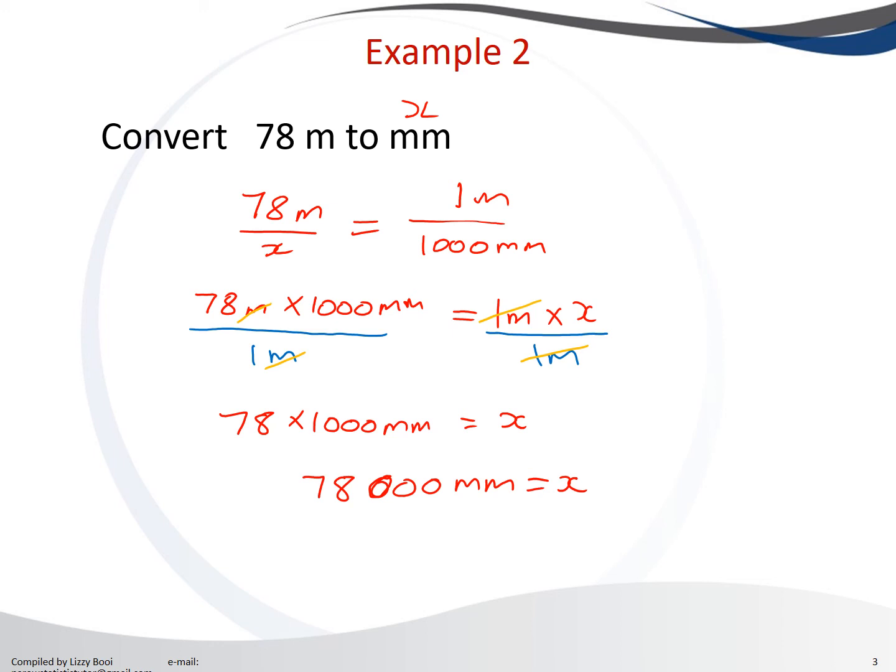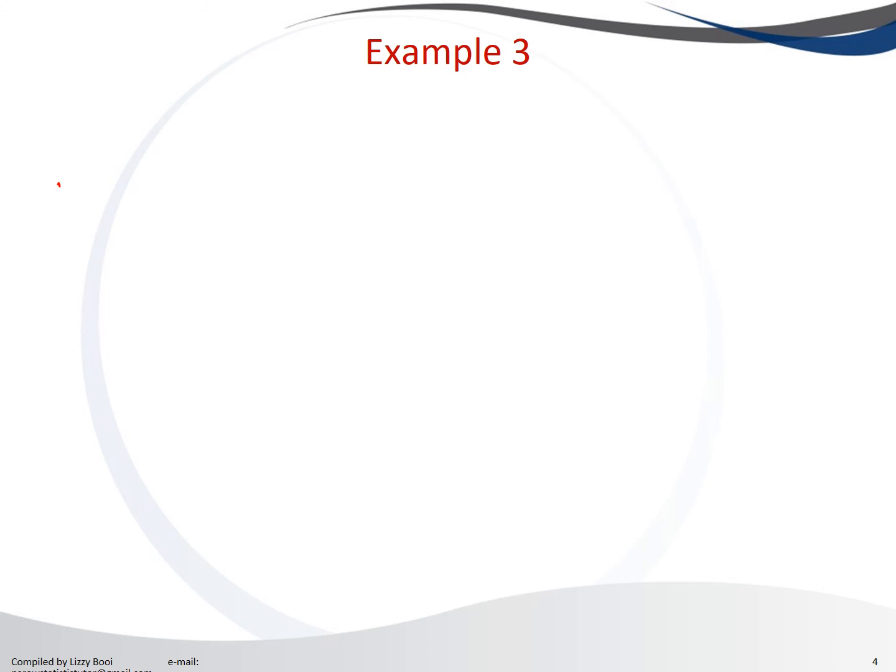Let's look at another example. Let's convert from centimeters to kilometers. Now we're moving to a bigger unit. When we move into a bigger unit, remember we divide by the appropriate 10. Same.